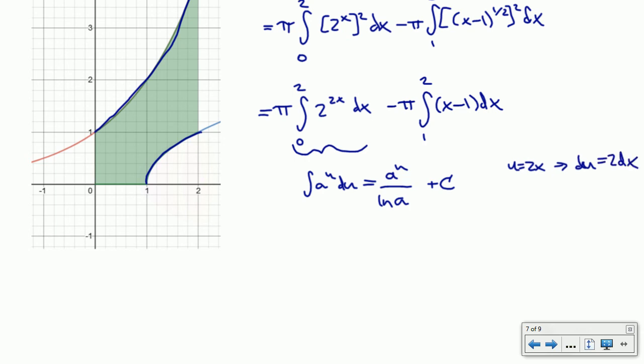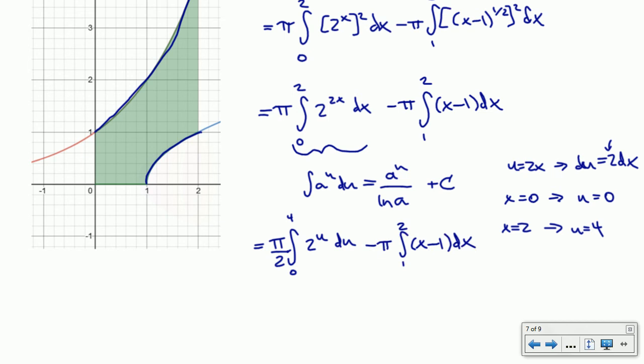We can adjust our limits of integration as well. When x equals 0, u equals 0, and when x equals 2, u equals 4. So this first integral would become pi integral of 2 to the u du. Now dx needs to be replaced with 1/2 du, so I need to bring that into play. And my limits of integration are from 0 to 4. The second integral would stay the same, and now we can carry on integrating both of these terms.